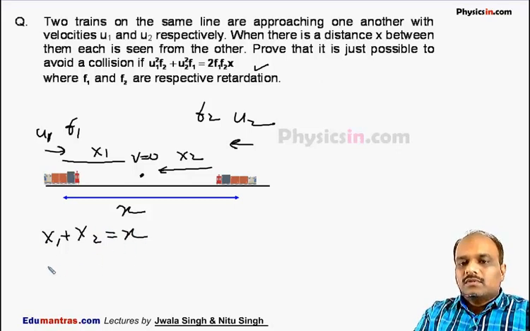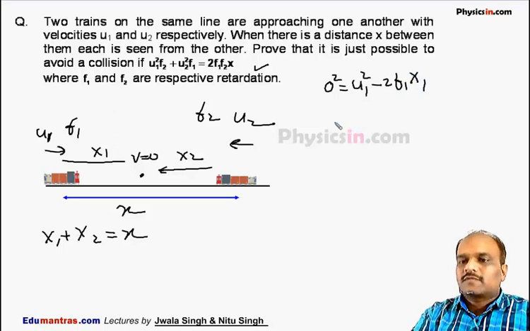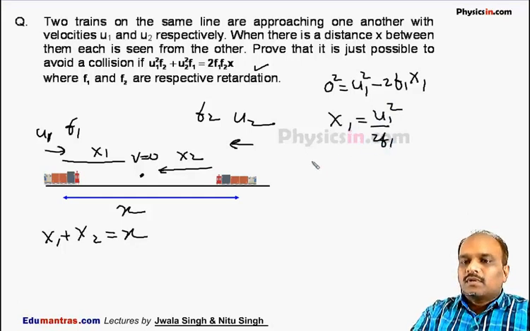Using final velocity 0 square is equal to u1 square minus 2 f1 into x1, x1 is equal to u1 square by 2 f1, and similarly x2 is equal to u2 square by 2 f2.